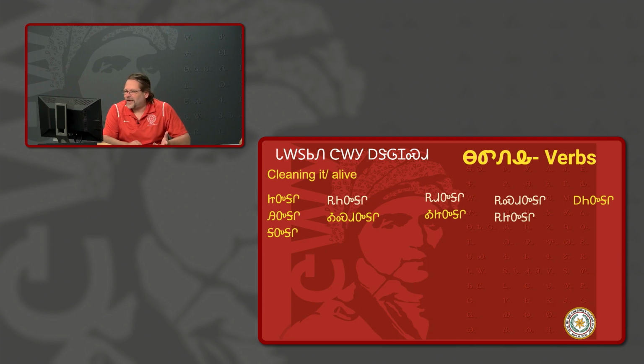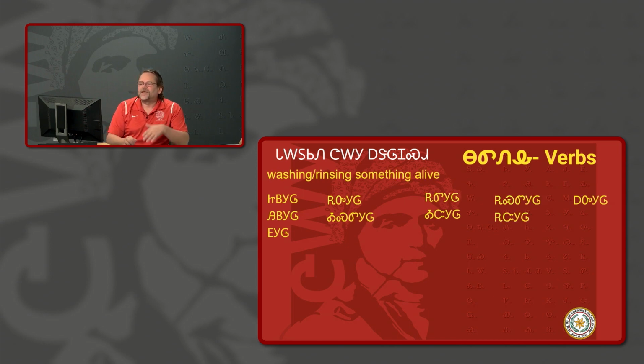I, you, they, he or she, I'm pretty solid with, but the six in the middle, I'm like, so now's a good time to tackle it, right? Now's a good time to challenge ourselves to use them more often. All right, so now we'll go back to washing or rinsing something. Again, you can clean something alive, or you can wash or rinse something that's alive, okay?